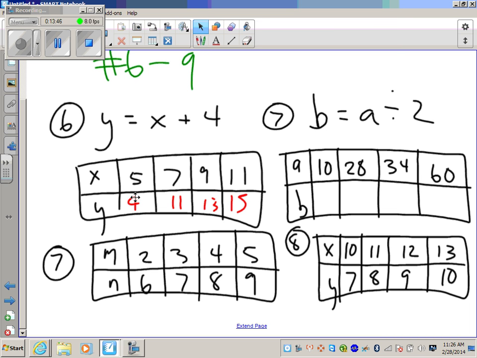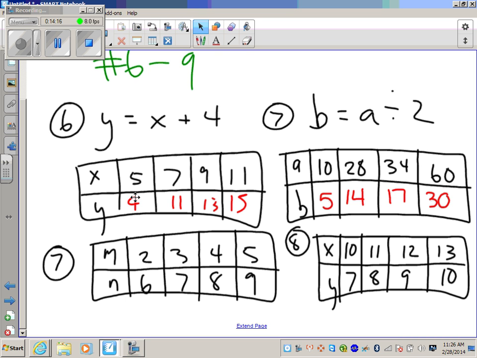Number 7, Larissa. B is equal to A divided by 2. Very good. How many of you had 6 and 7? Entirely correct. Both of those. Good. Number 7, we need a rule.